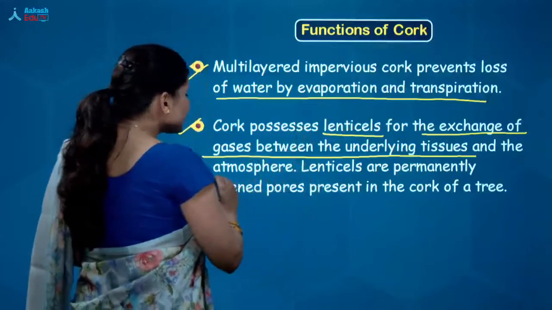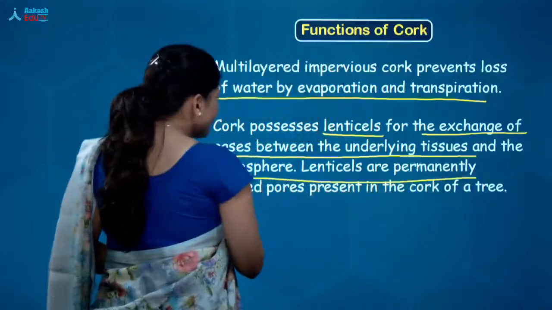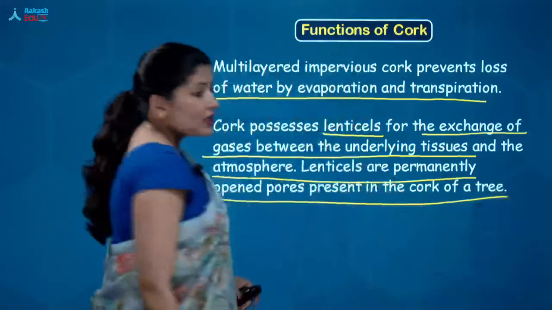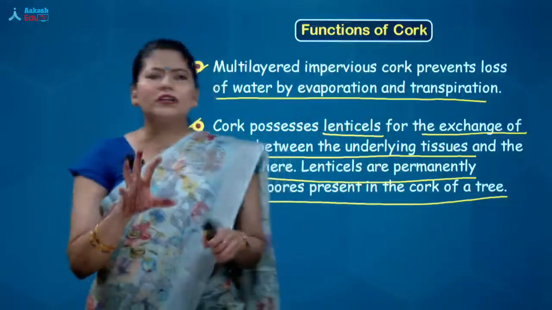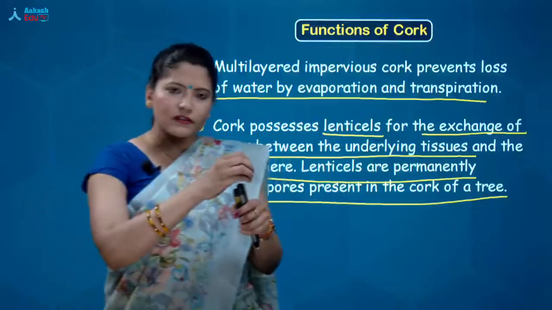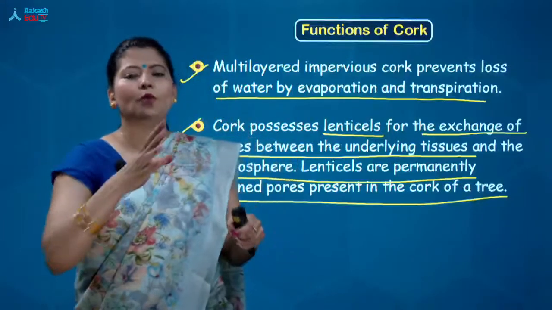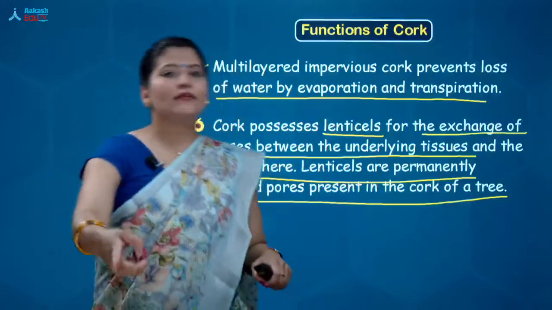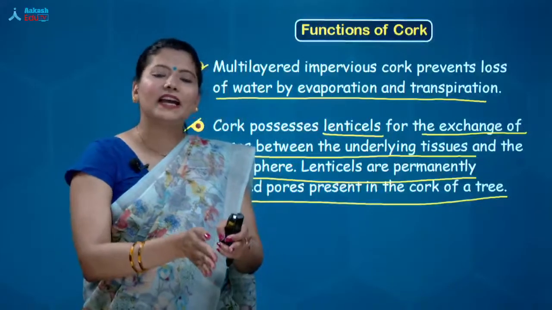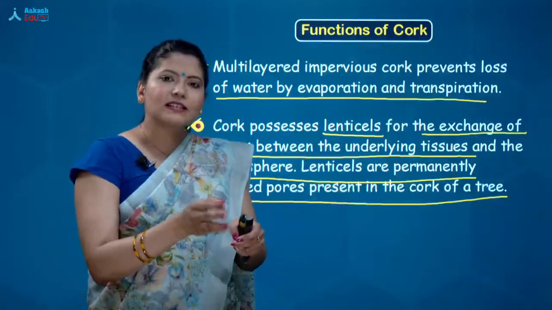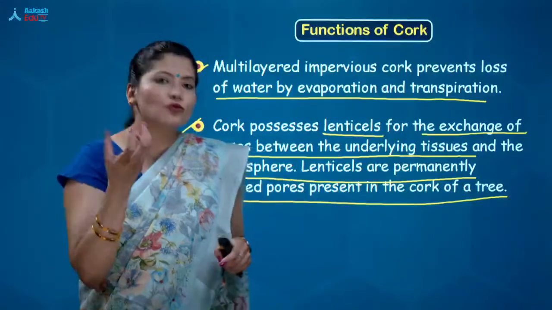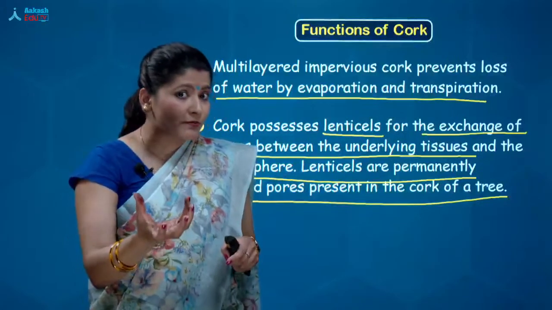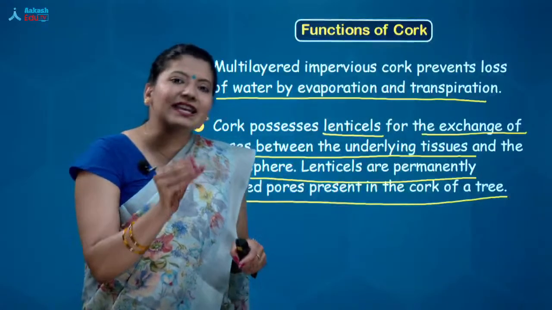Lenticels are permanently open pores present in the cork of a tree. Always remember, in the case of stomata, they can close, open, close, open. It depends upon the need of the plant. When the plant needs it, okay? As well as certain osmosis conditions are there, because of which the stomatal pores I'm talking about open and get closed.